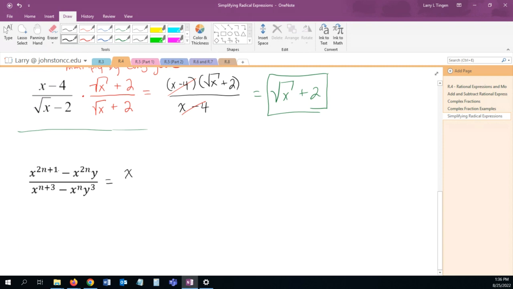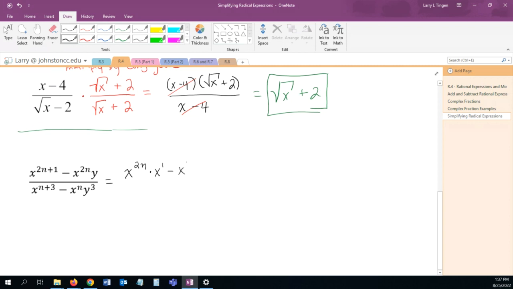Well, this is 2n plus 1 times, and this is 2n times. When I have the same base and I multiply, I add the powers. So I can rewrite this first term as x to the 2n times x to the first, which I don't have to write the 1, but it's there.